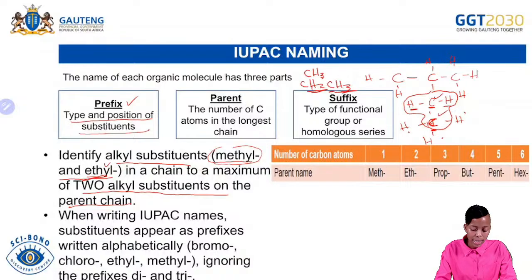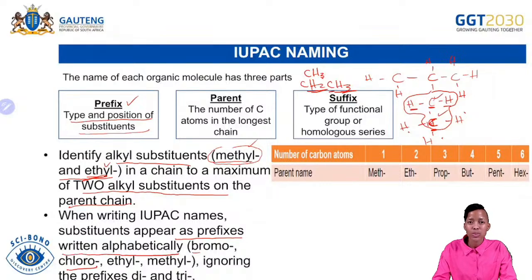Then it says, when writing the IUPAC names, substituents appear as prefixes. So these methyls and ethyls and bromo and chloro are going to appear as prefixes. And what is important is that they need to be written alphabetically.